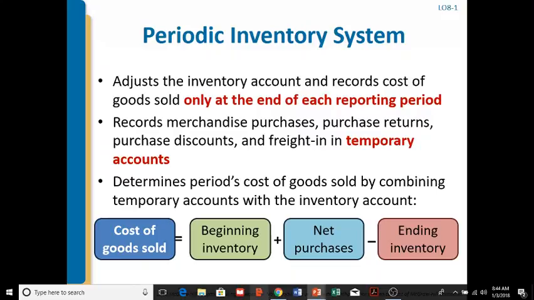Usually because of spoilage, theft, the amount of the physical count is going to be less than the amount in the perpetual inventory account. So you've got to make an adjustment by increasing cost of goods sold and a corresponding credit to inventory, reducing inventory by the amount that's not there per the physical count.